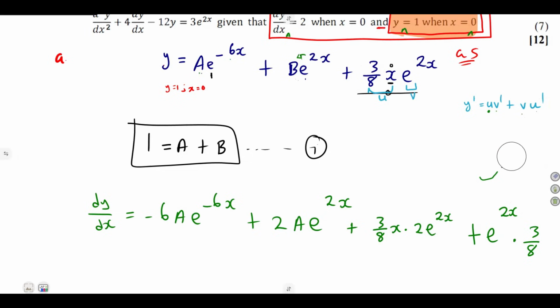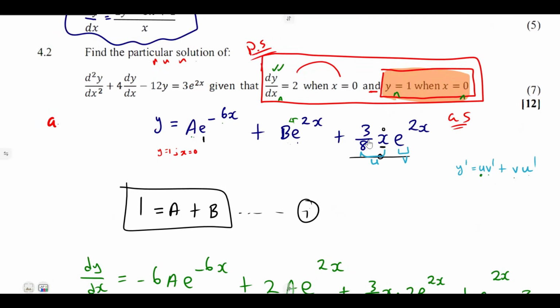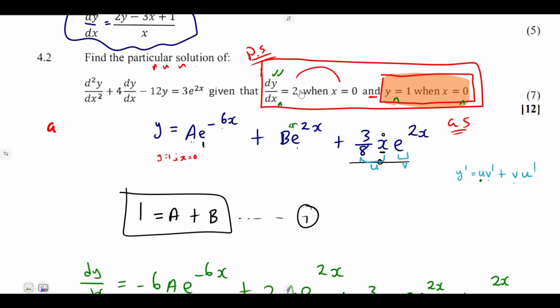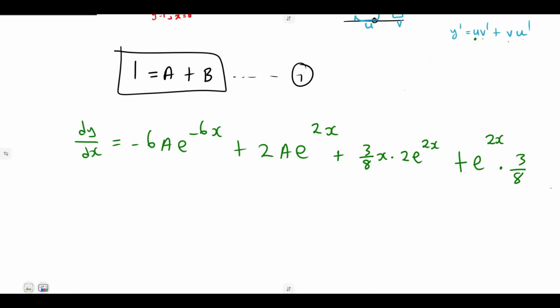With this derivative, we can now substitute the condition that we are given, because they are saying that derivative must be 2 when x is 0. So the derivative of y with respect to x is 2 when our x is 0. Remember any number to the power of 0 is going to give us 1. So it will be negative 6a times 1, which is negative 6a.